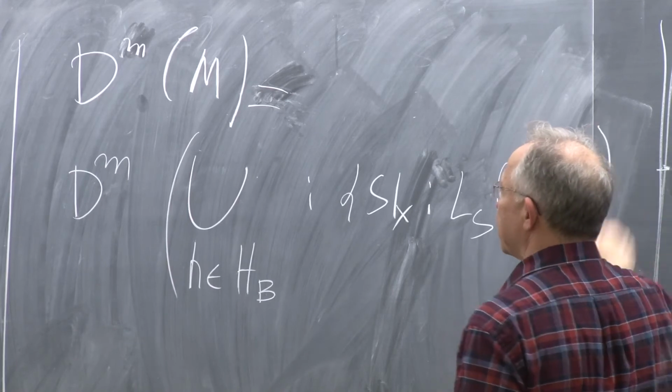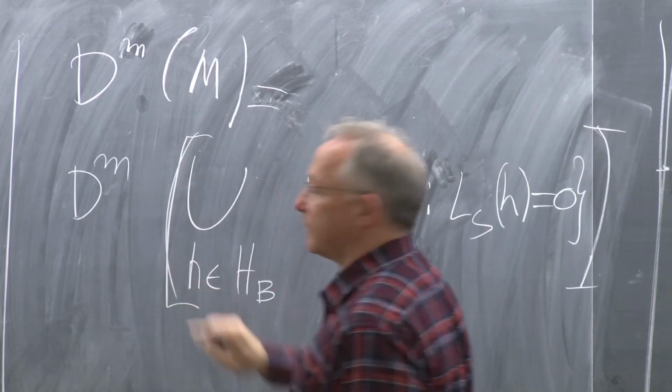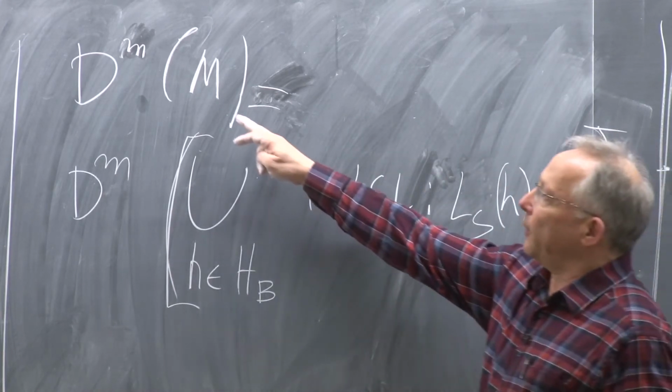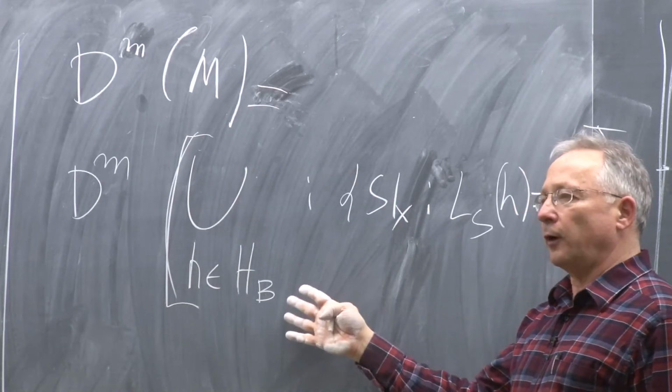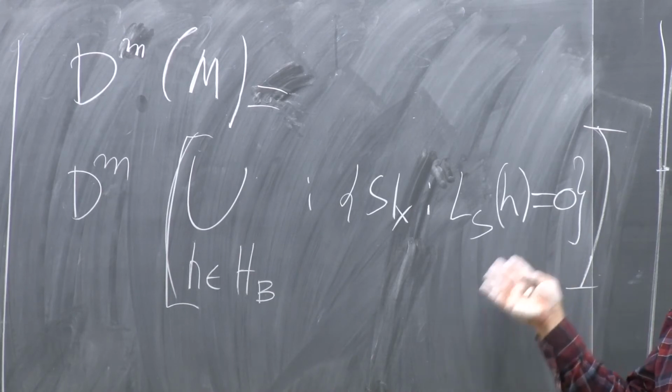That's my next step. Again, maybe I should use the square brackets. What I'm saying is that the set of all S's for which there exists a bad hypothesis is the union over all bad hypotheses of the probability that I will pick this.